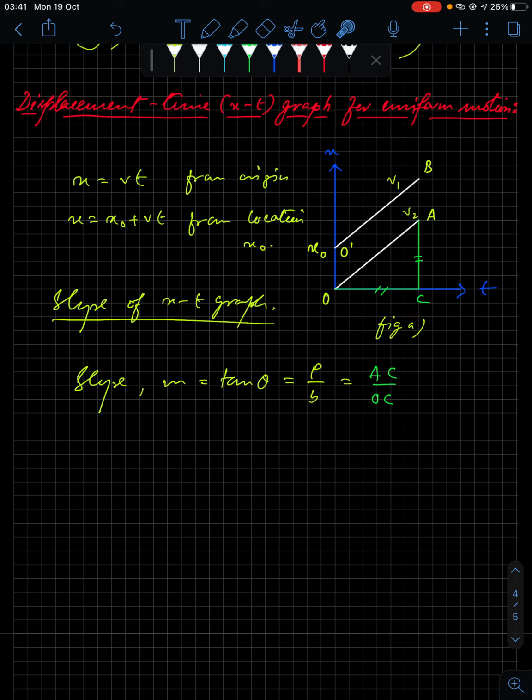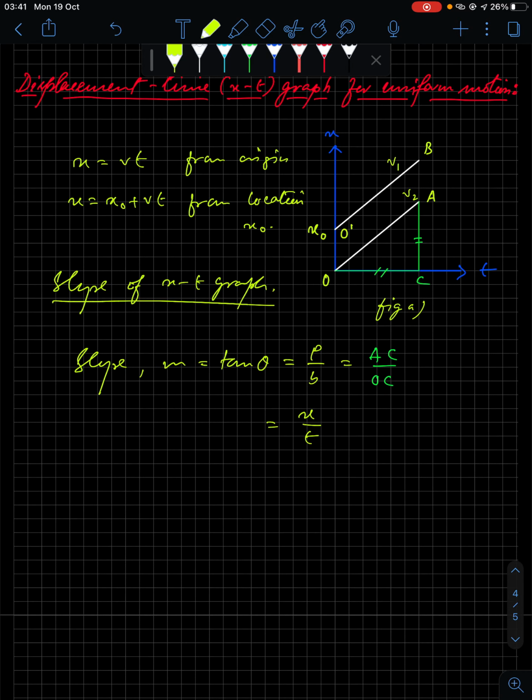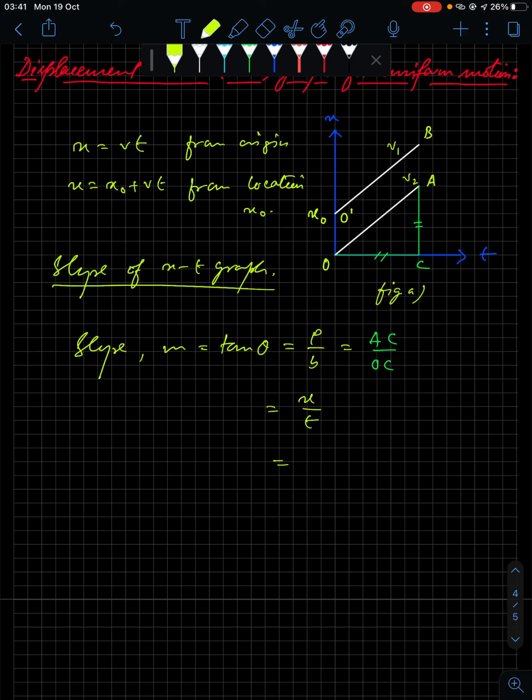So we are not going into the values right now, rather we are writing down displacement by time straight away, right? Now what is displacement divided by time? That will give us velocity, right? So you can put a vector sign or you can leave that, because we are dealing with motion in a straight line, so speed and velocity will indicate the same thing, since direction is never changed.